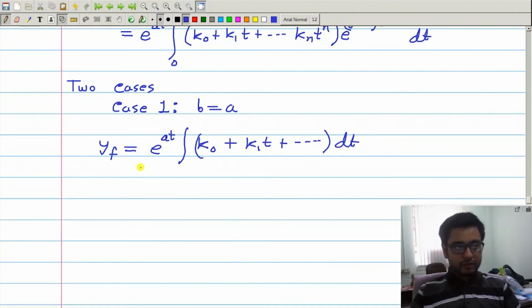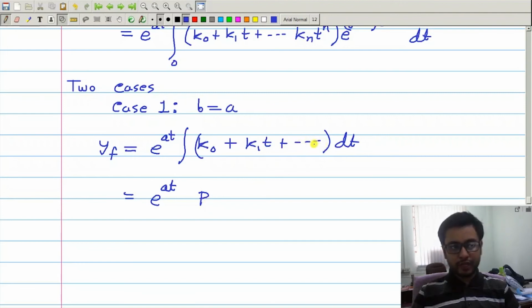Now, integrating a polynomial is very easy. This integration will result in a polynomial again, but with order n plus 1.